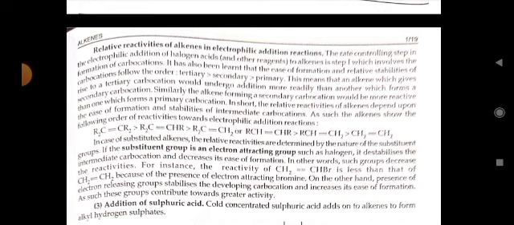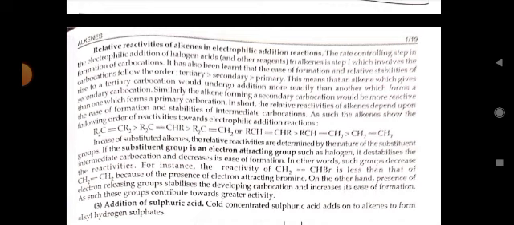As such, the alkenes show the following order of reactivities towards electrophilic addition reactions. In the case of substituted alkenes, the relative reactivities are determined by the nature of the substituent groups. If the substituent group is an electron attracting group such as halogen, it destabilizes the intermediate carbocation and decreases its ease of formation.